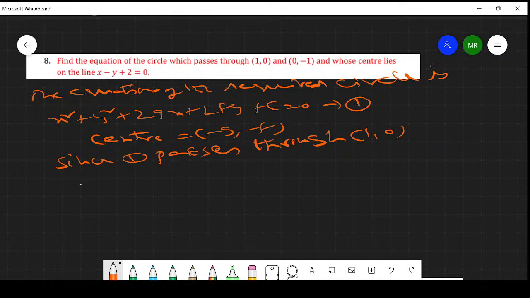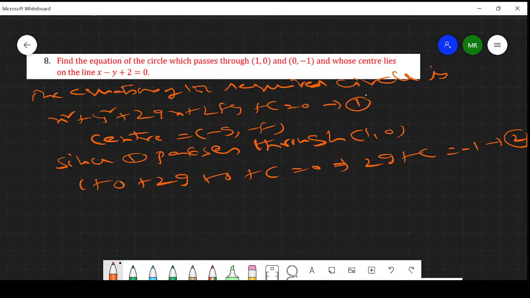So the equation gives 1 plus 0 plus 2g plus 0 plus c equal to 0. Then you will get 2g plus c equal to minus 1. This is equation 2.